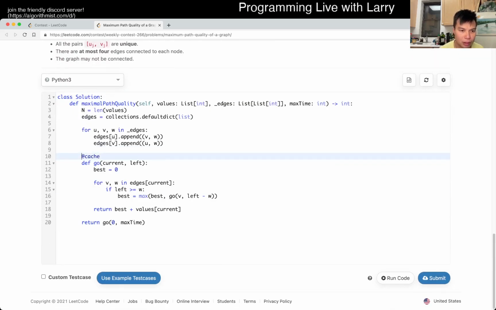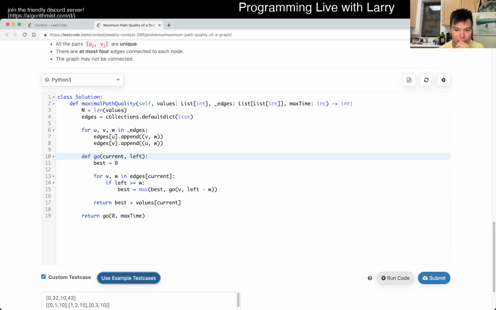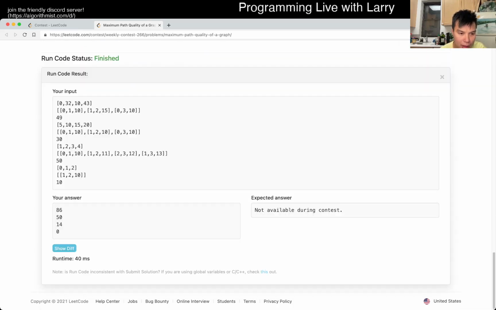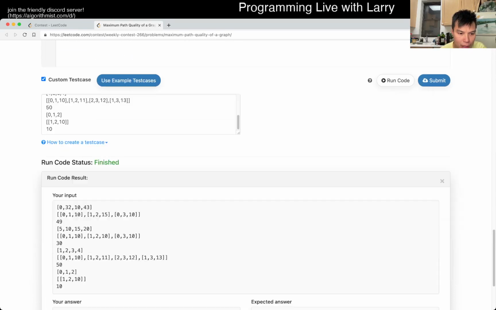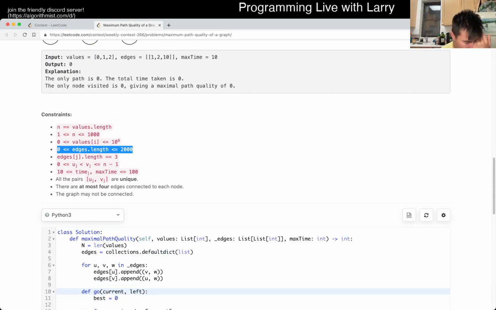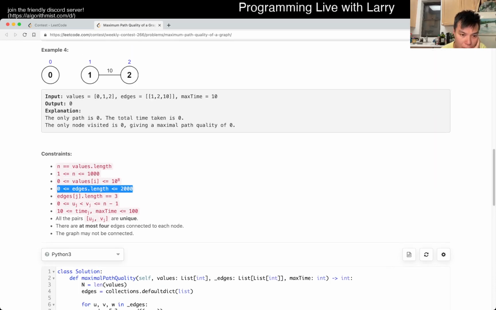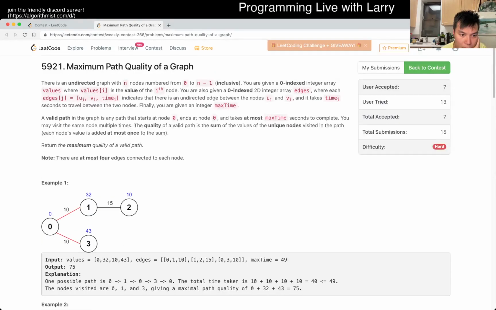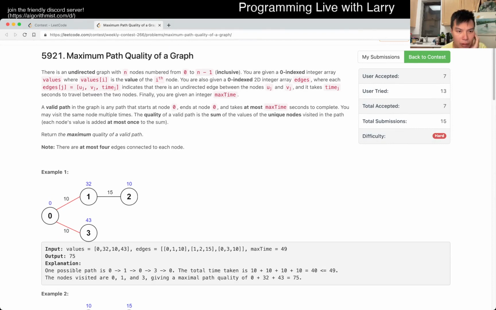That's awkward though. I think this is too slow though without caching. For n is equal to 1,000, there was only 2,000 edges in total, so maybe there's some weird thing about that. Well, you can go back and forth, but it doesn't really make sense.